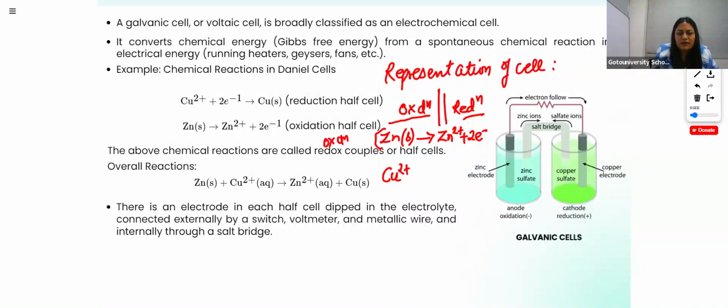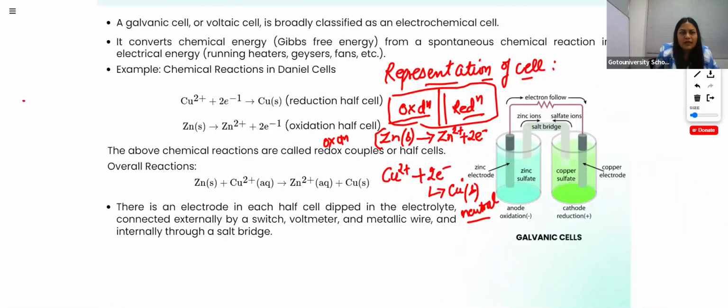Copper was first Cu2+, and with the gain of two electrons it attains a neutral state. Now here copper is neutral.